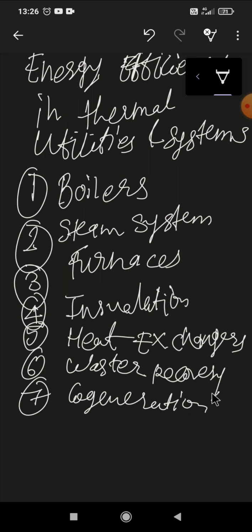This is the combination used where electricity and heat are both required in a company. It can be installed where the heat requirement is greater than the electricity requirement, so that the heat can be used directly. In the bottoming cycle, electricity is generated first and then heat; in the topping cycle, heat is generated first and then electricity.